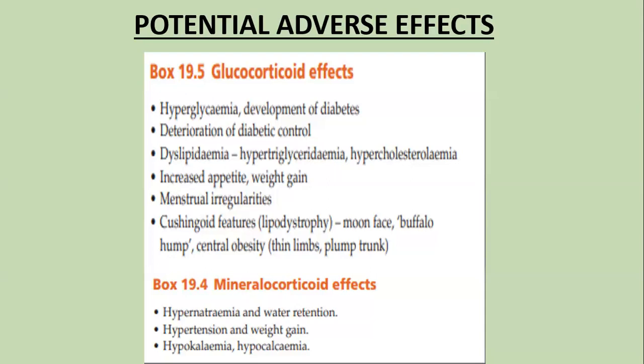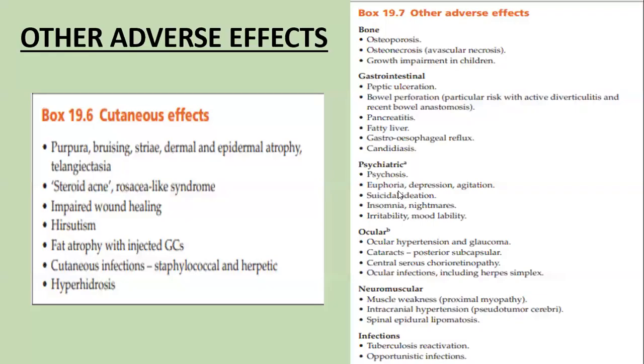Glucocorticoids cause weight gain mainly by increasing the appetite. They also cause menstrual irregularity and Cushingoid features with lipodystrophy, moon face, buffalo hump, and central obesity. Glucocorticoids also have a little bit of mineralocorticoid effect, which manifests as hypernatremia and water retention, hypertension and weight gain, hypokalemia and hypocalcemia.